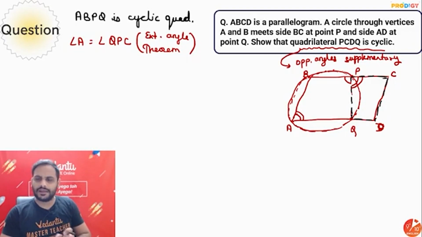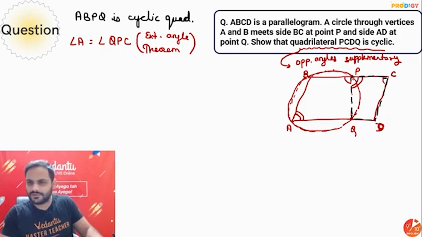So angle A and angle QPC, we have said, are equal. Now I need to prove the supplementary thing. Then I can say angle A and angle C will also be equal, because opposite angles of a parallelogram are equal.